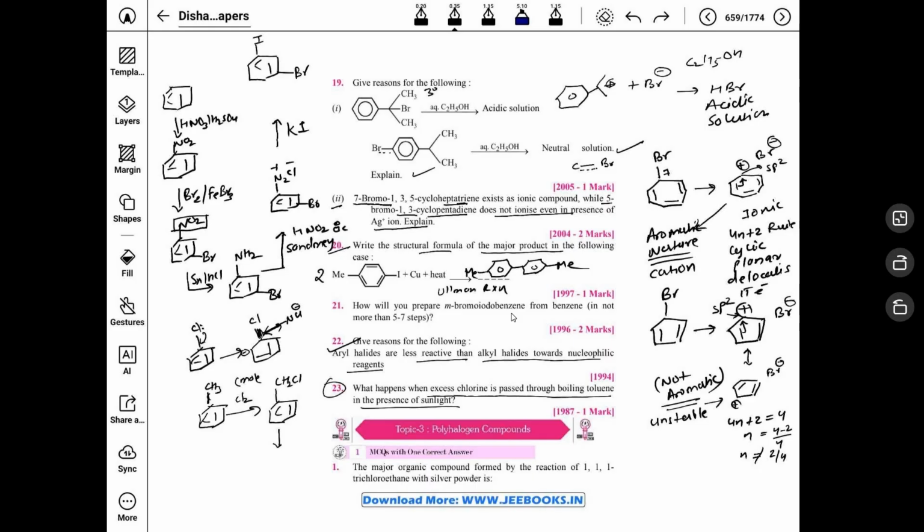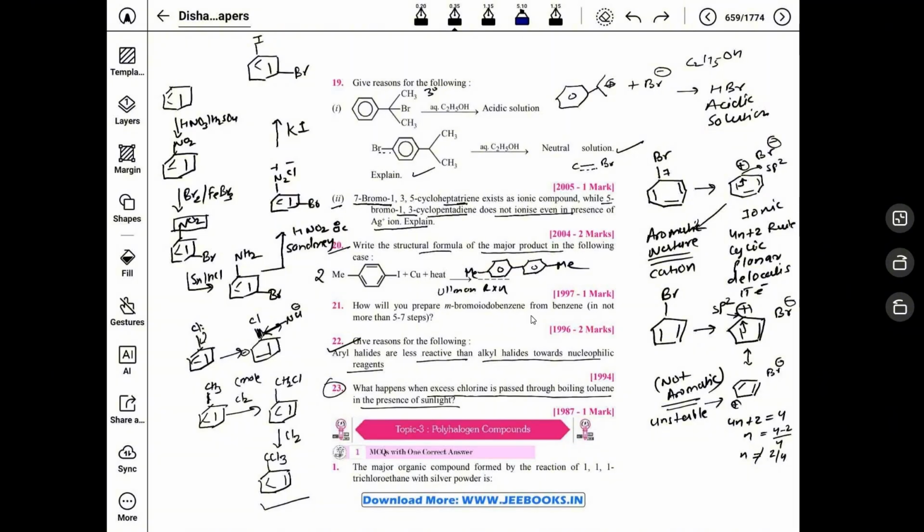Since you are passing excess chlorine, all these hydrogens will get replaced by chlorine, and then you will have 3 chlorines on this benzylic position. So this will be the correct answer.